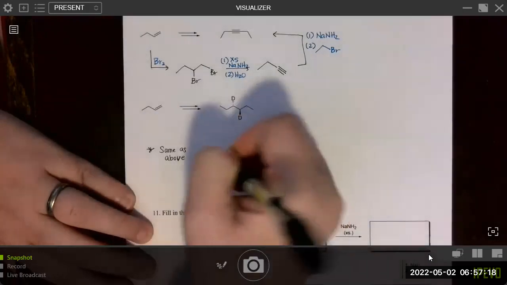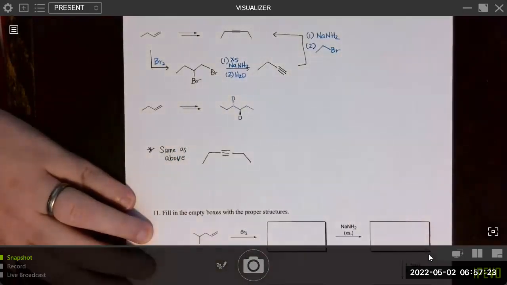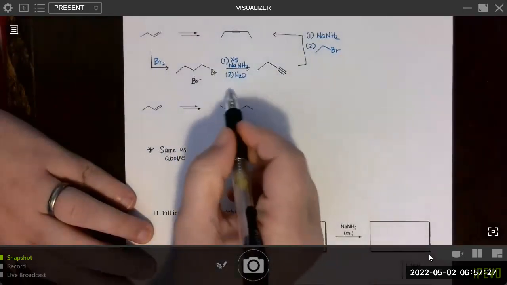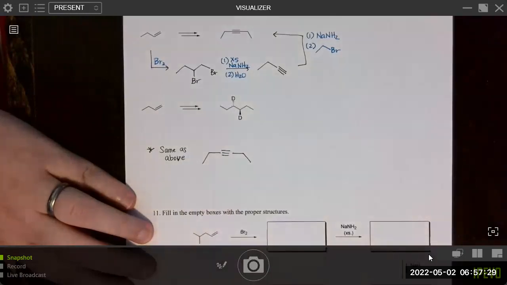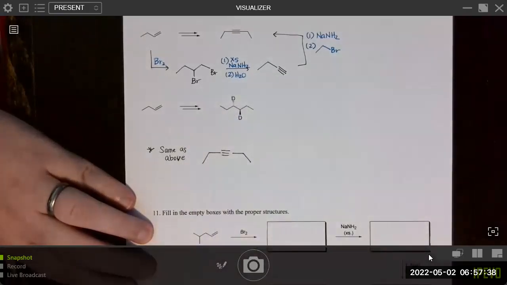Okay. Until we get to this point. We have the alkyne. Now, how can we do this? Well, we want to first reduce to a double bond and then reduce with D2 instead of H2 to get to the product.